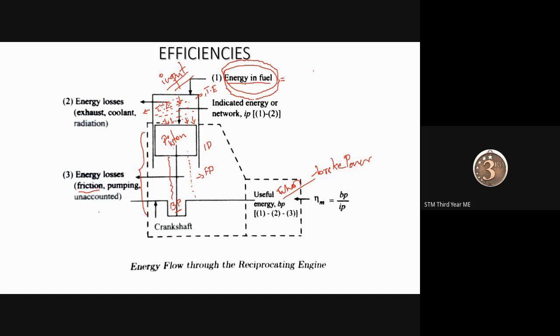So first of all, we are talking about the input. You told me it was the energy possessed by the fuel, and that energy will be taken out during the combustion.